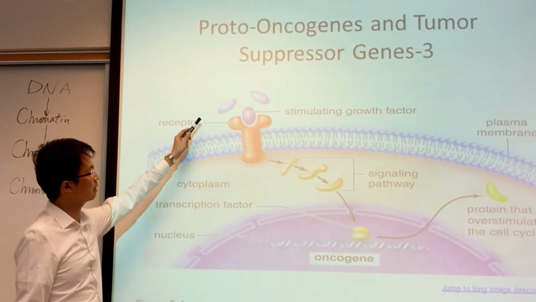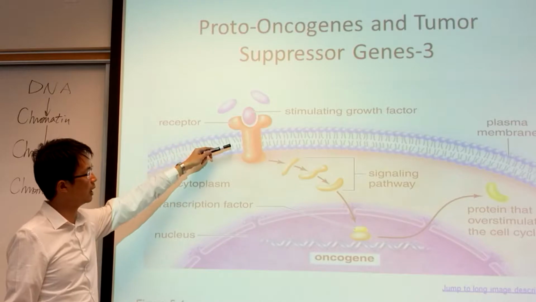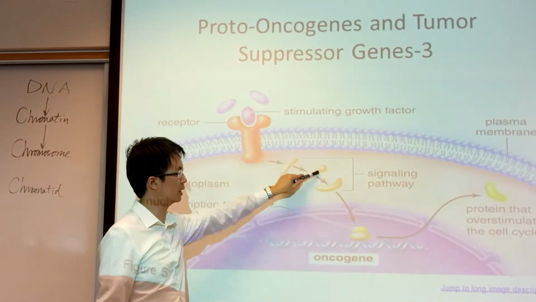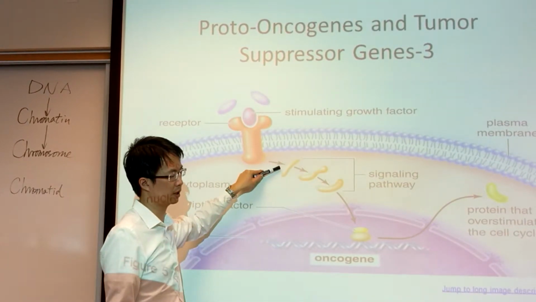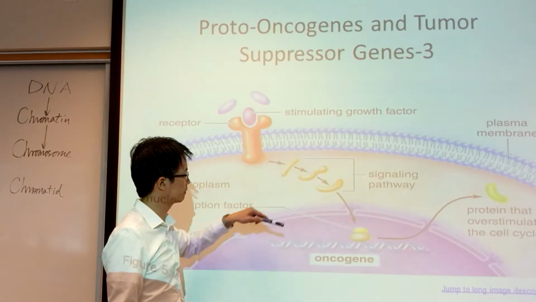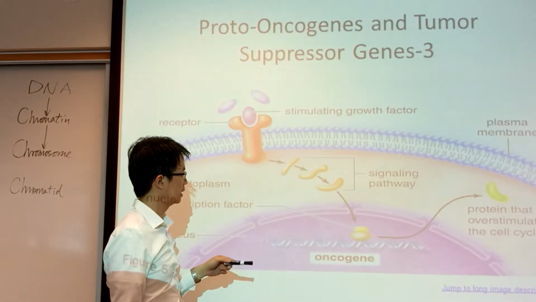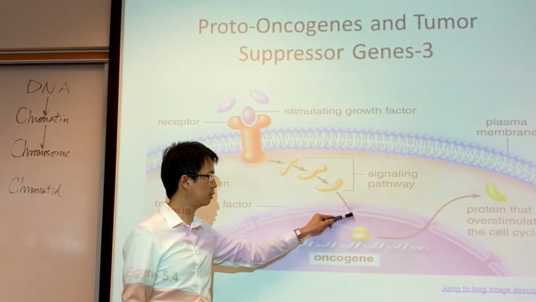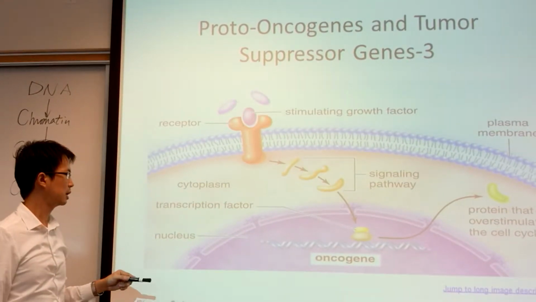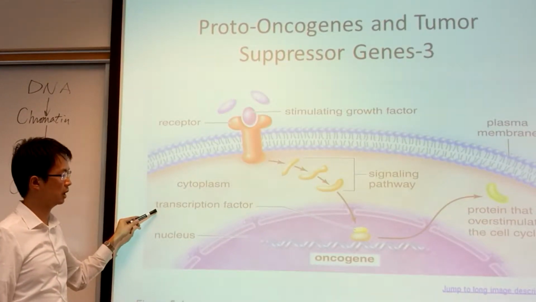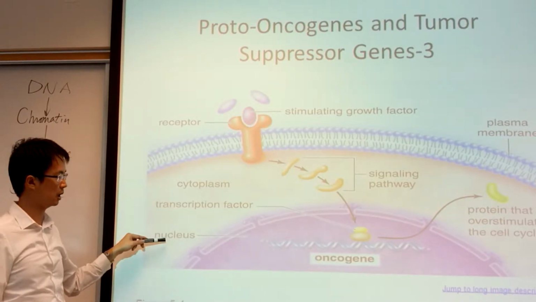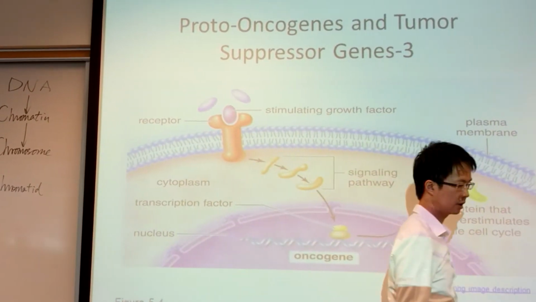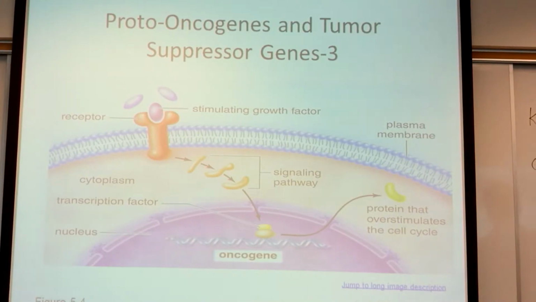You see that some kind of stimulating growth factor will bind to the integral protein on the cell membrane, and then this protein will trigger a signal transduction cascade, maybe the cyclic AMP pathway, and then the signaling molecule can go into the nucleus through the nuclear pore, and then activate the ribosome to start translating the DNA sequence into protein.